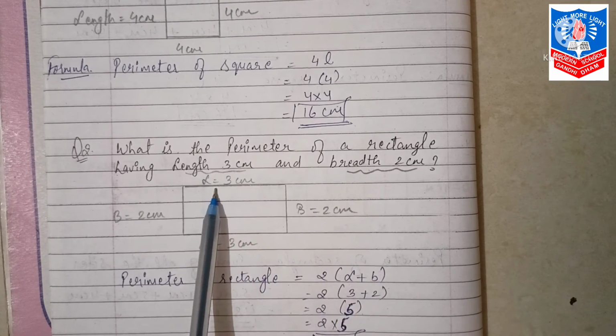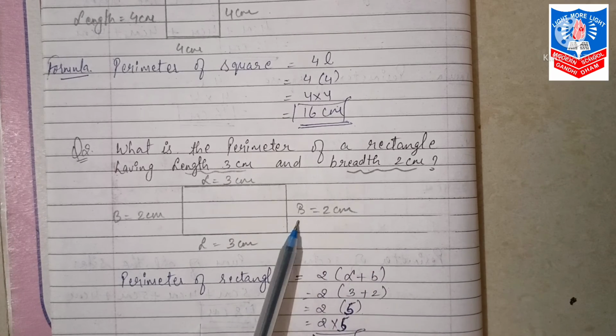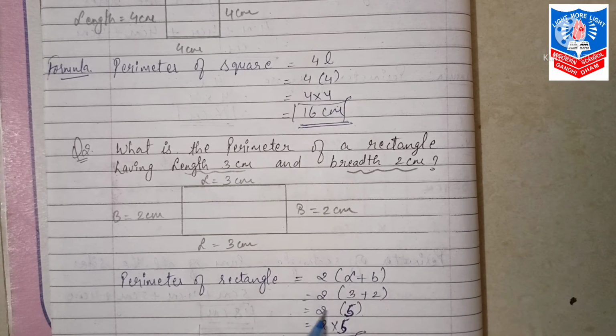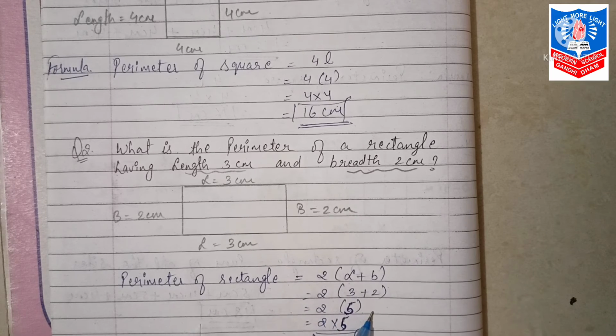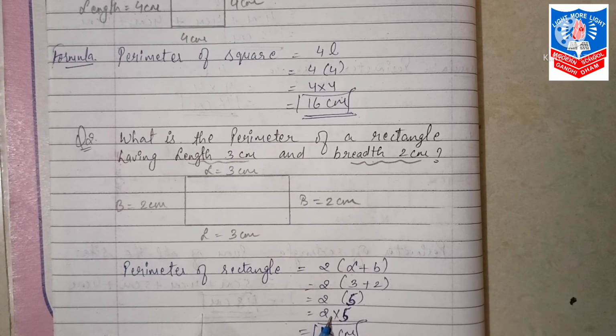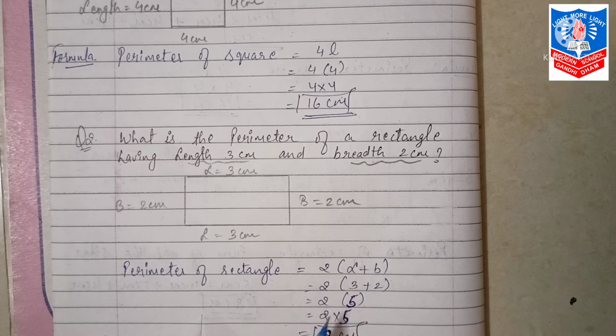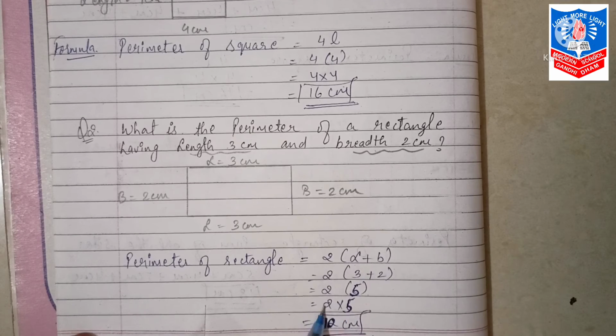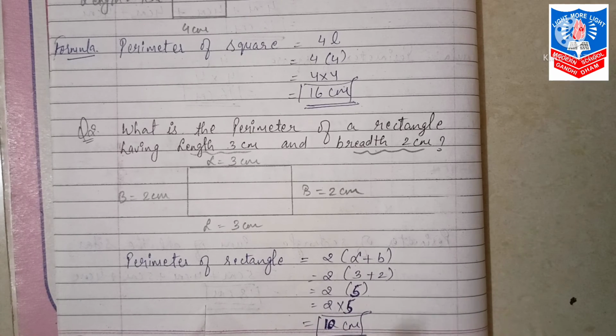Length is having 3 centimeter and breadth is having 2 centimeter. Next 2 in bracket we will put 5 because 3 plus 2 equals 5. Correct? Then we are going to put a multiplication sign between this because we are not having any sign. And lastly we will get the answer, 2 5s are 10.